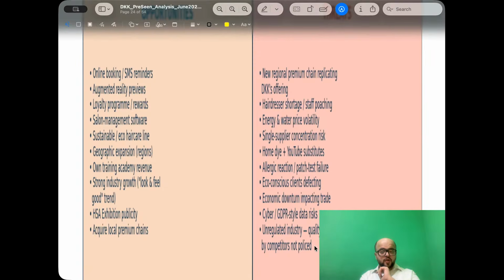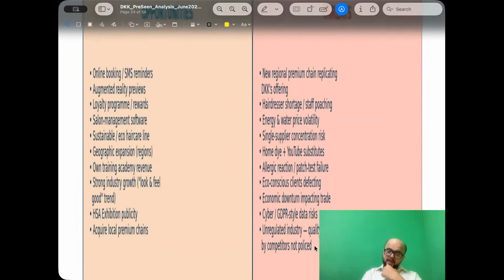The salon management software can actually help you with inventory, right? Then sustainable eco hair care line, with so many people now gravitating towards eco-friendly products, you can also switch your suppliers and your input material, and of course your entire processes, so as to make it more sustainable.